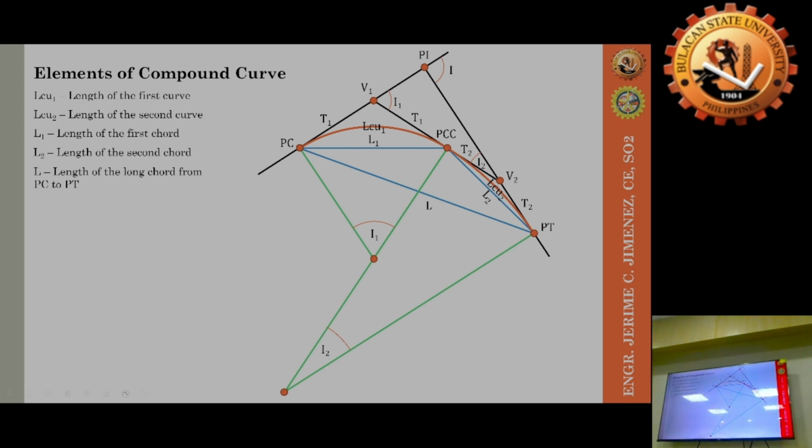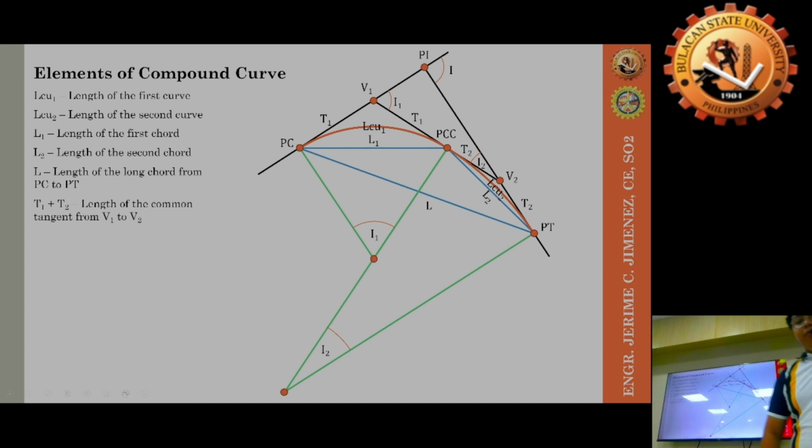Sabi natin, di ba kanina, ang compound curve daw is bounded siya ng isang common tangent. Di ba? Based on our definition ng compound curve. Meron daw siyang common tangent. Okay? Para makita nyo si common tangent, ang una nyo hahanapin is yung mga PCC. Pagkatapos nyo hanapin yung PCC or the point of compound curvature, hahanapin nyo ngayon si T sub 1 and si T sub 2.